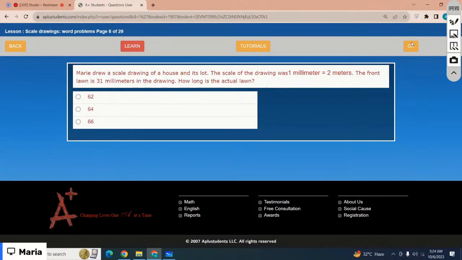You need to calculate the actual length of the lawn. That would be 62 meters. The correct option is 62 meters, right?